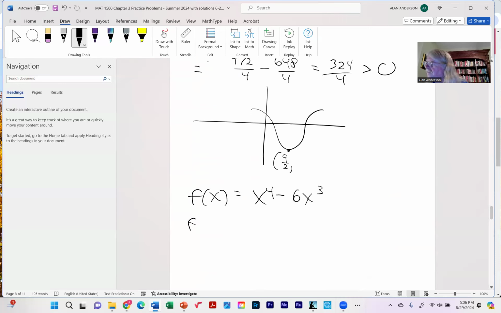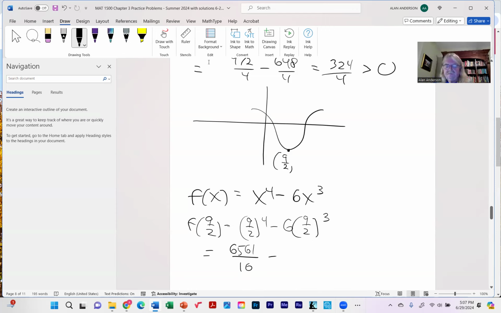So f of 9/2 equals 9 to the 4th, which is 6561, over 2 to the 4th, which is 16, minus, if I multiply this by 6, 4374 over 8.